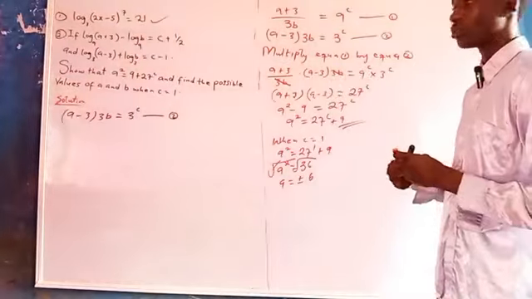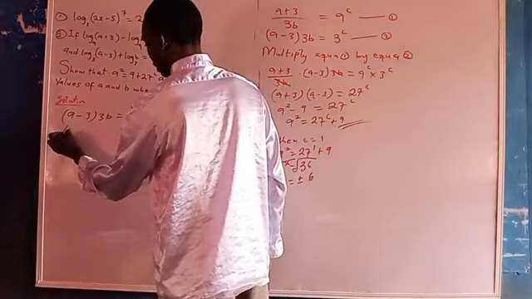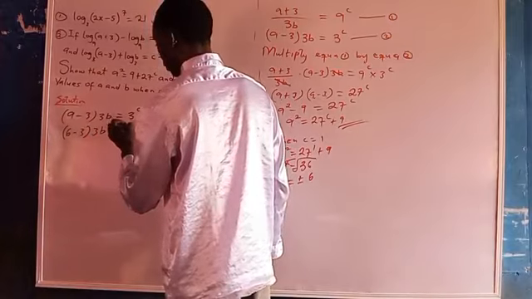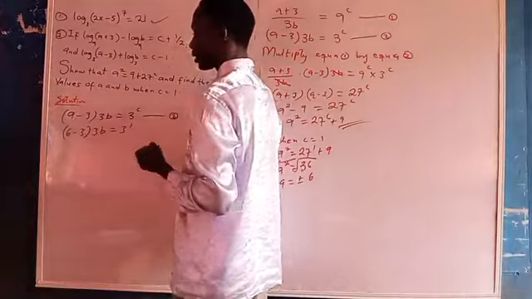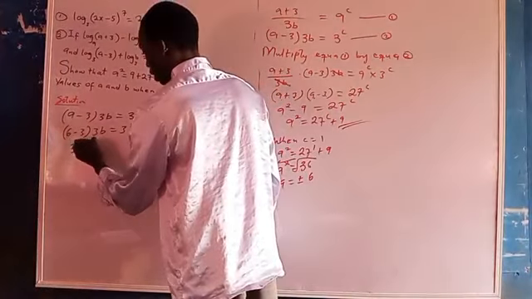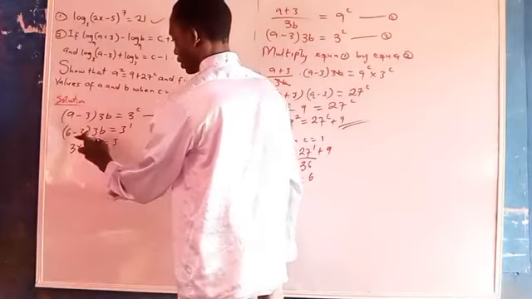Now we are going to have a, which is positive 6, minus 3, multiplied by 3b equals 3 to the power of 1, since c is 1. So 6 minus 3 is 3, multiplied by 3b, equals 3, because 3 to the power of 1 is the same thing as 3.